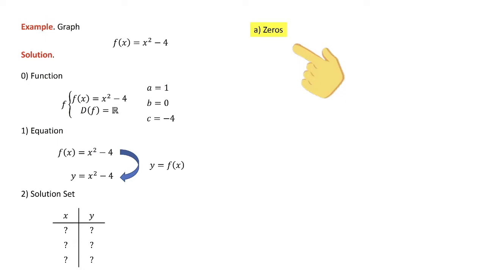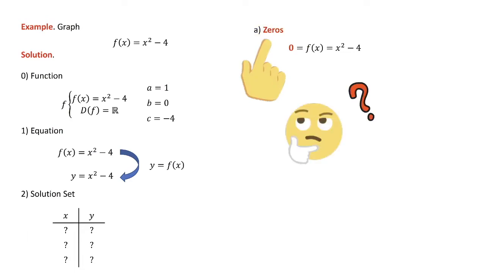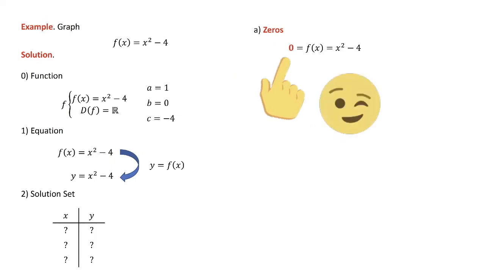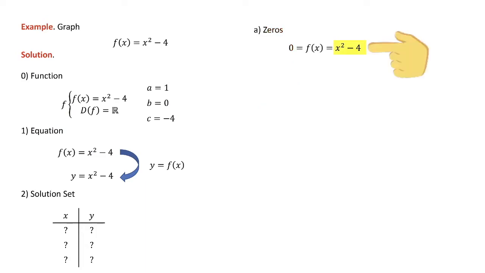So what does a 0 mean? I'm looking at the picture there. It means y is 0. It means the value of the function is 0. So I want to know what x values make that 0.